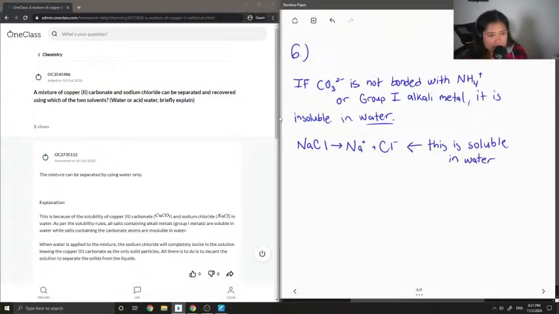Since copper 2 carbonate is insoluble in water and the sodium chloride is soluble in water, therefore we can use water as a solvent to separate.